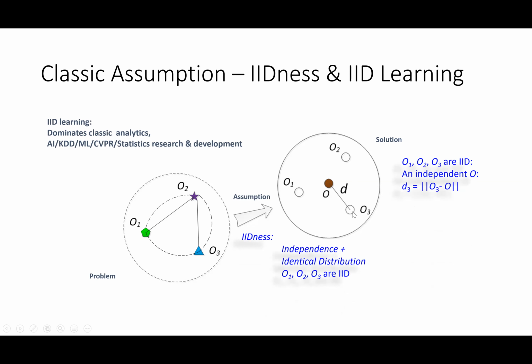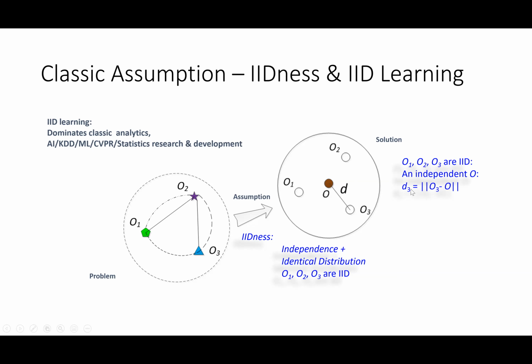For example, if we want to determine sample O3, we learn an objective function D3, right? So this will be D3, based on a particular baseline, like it could be a center, or some other things like the ground truth, etc., right?